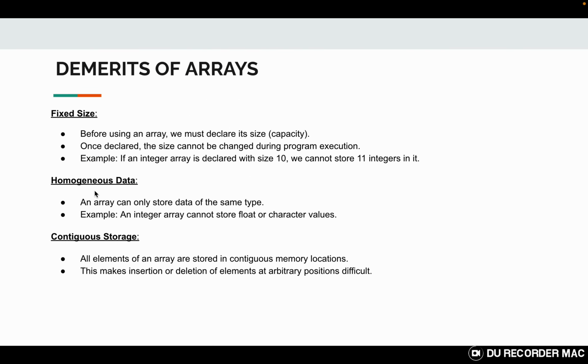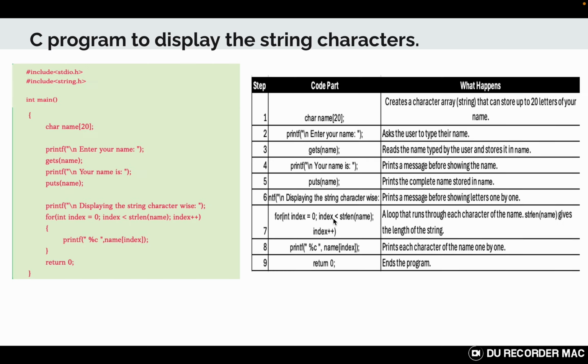Then we move on to the next part, which is homogeneous data. An array can only store data of the same type. Example, an integer array cannot store float or character values. So basically, whenever we declare an array, here the array is declared as character. If you want to put an integer value into this name array, it will give you an error.